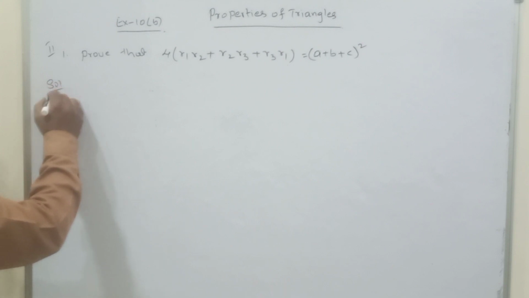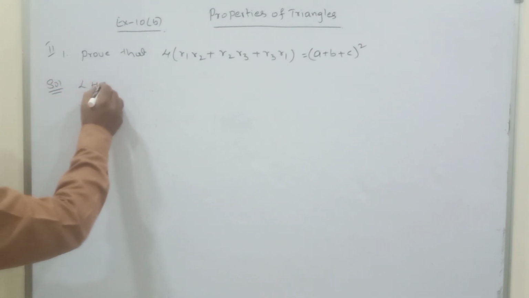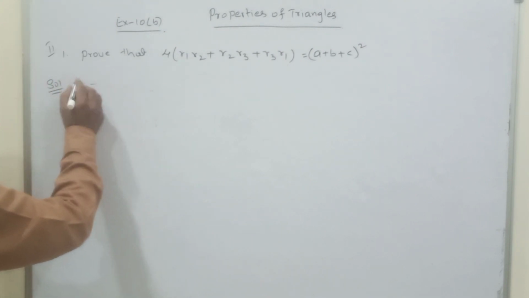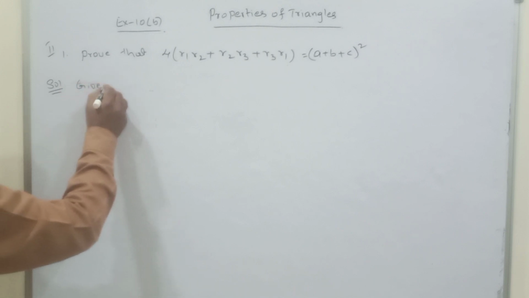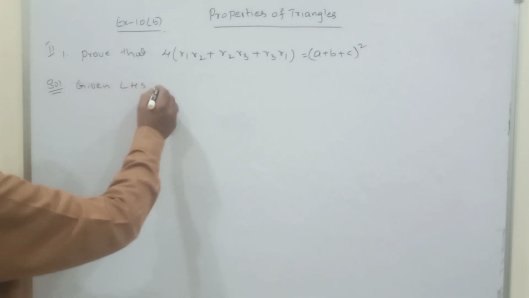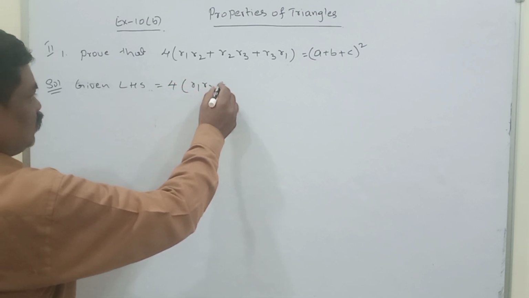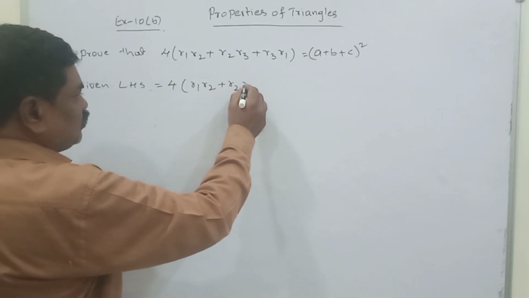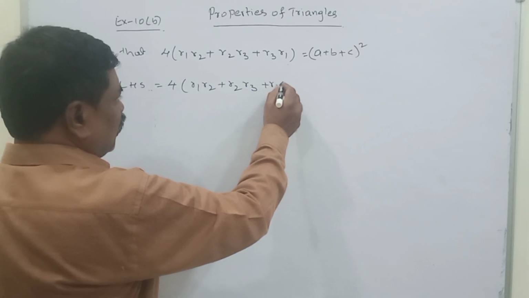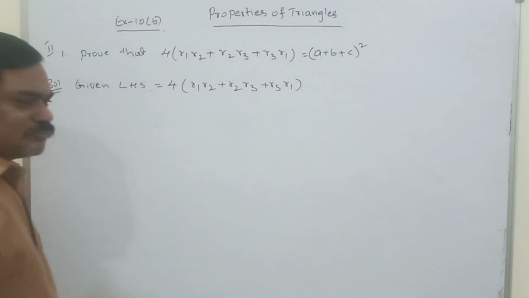So we have given LHS. What is LHS here? LHS is equal to 4(R1R2 + R2R3 + R3R1).